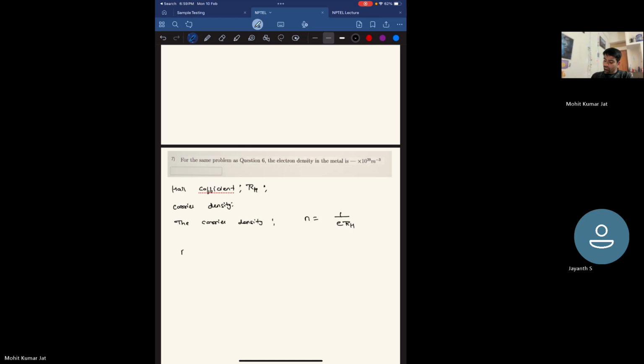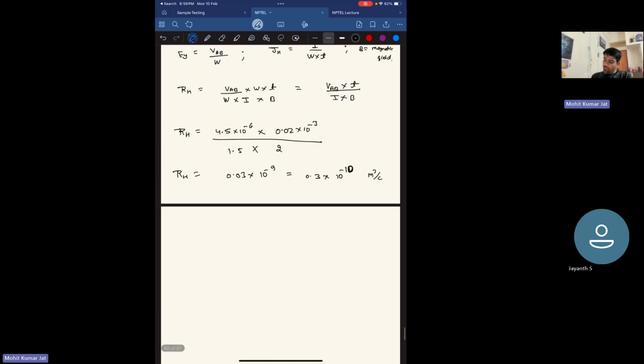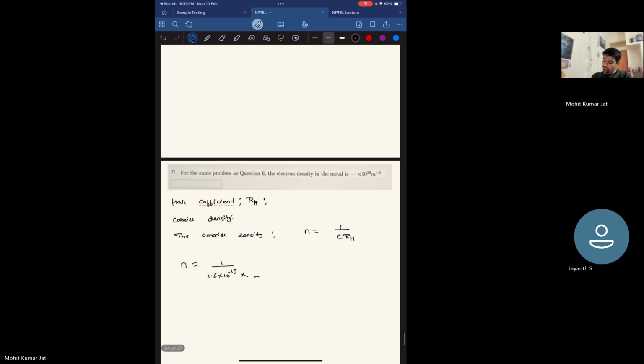So N is 1 by E, where E is 1.6 into 10 power minus 19, times RH, which is 3 into 10 power minus 11. So 19 and 11 will be 29, and 1 divided by 1.6 divided by 3.